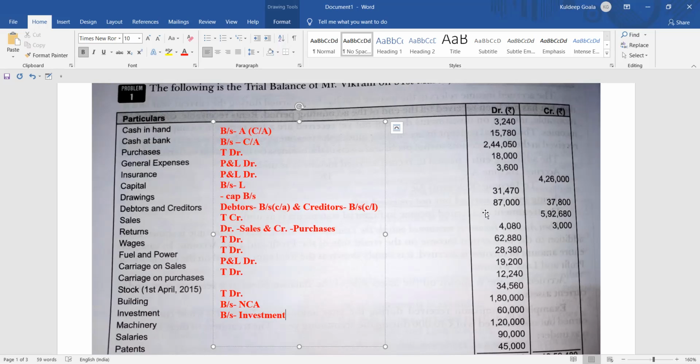For non-current assets, it comes in the balance sheet on the asset side. Then machinery, balance sheet, non-current asset. Then coming to the next one, salaries, it will go in the profit and loss account, debit side.